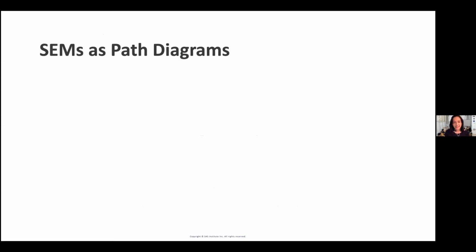So the first thing that we're going to learn about are path diagrams. This is really going to be the tool of choice for us, because if you are looking through textbooks or journal articles, I would say 90% of those articles or books that use SEM are going to show you a path diagram. And so we need to understand how to interpret them and how to use them.